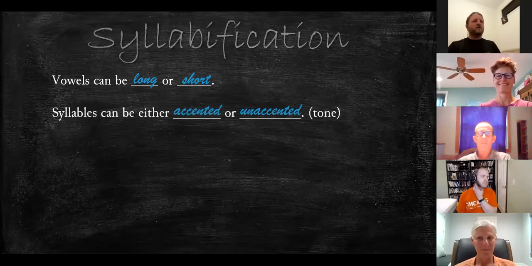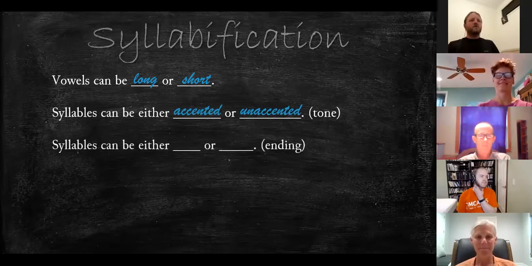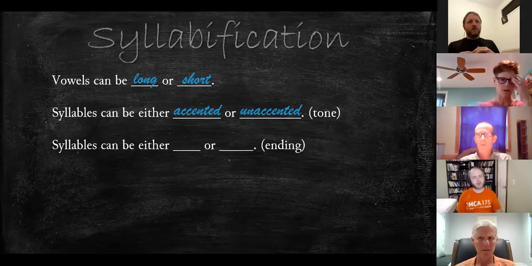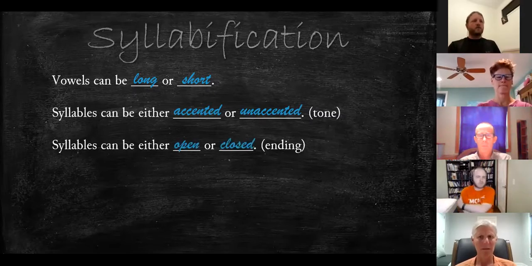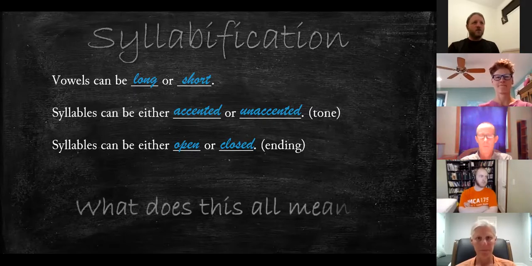And in terms of the end of a syllable, they can either be open or closed. Open meaning that it ends in a vowel, and closed meaning that it ends in a consonant.